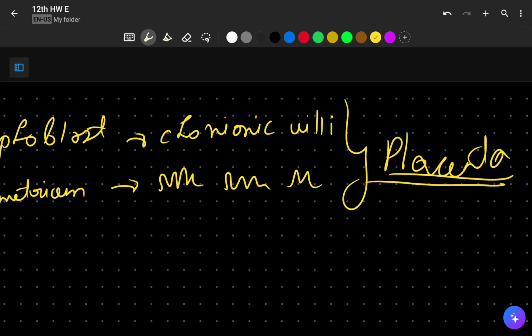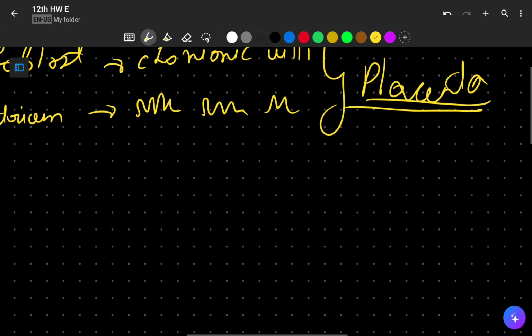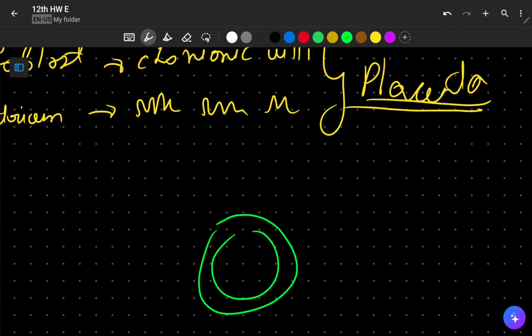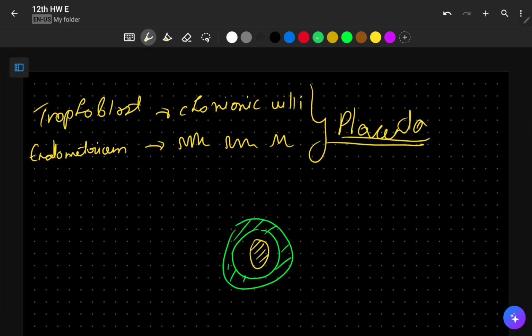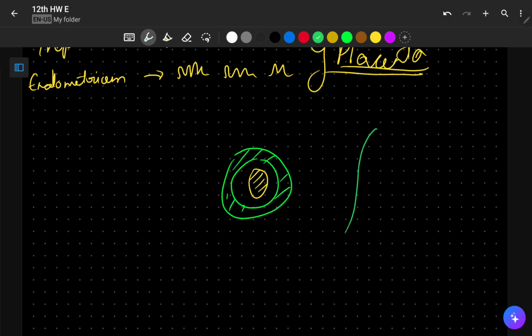And now you will say that if the baby is formed from the inner cell mass, then what is the point of the trophoblast being connected to the endometrium if we need the nutrients to go towards the baby? So for example, the trophoblast is the green layer and we have the inner cell mass at the center, and we are, for example, inside the endometrium right now.